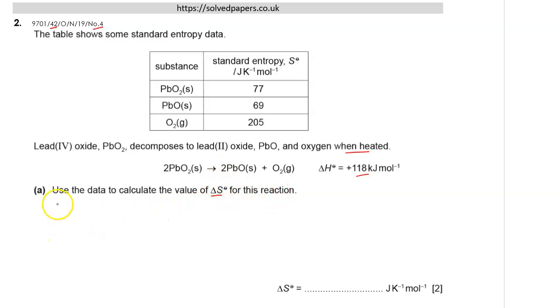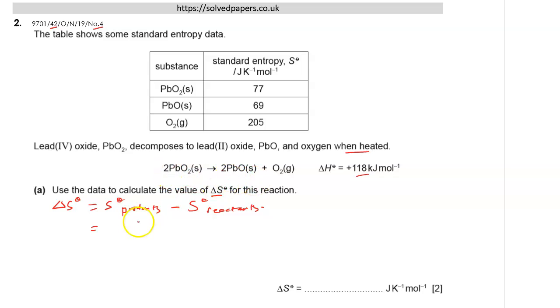Of course, we know that the standard entropy change is usually given by the entropy of the products minus the standard entropy of the reactants. Of course, you need to consider the stoichiometry of the reaction here.